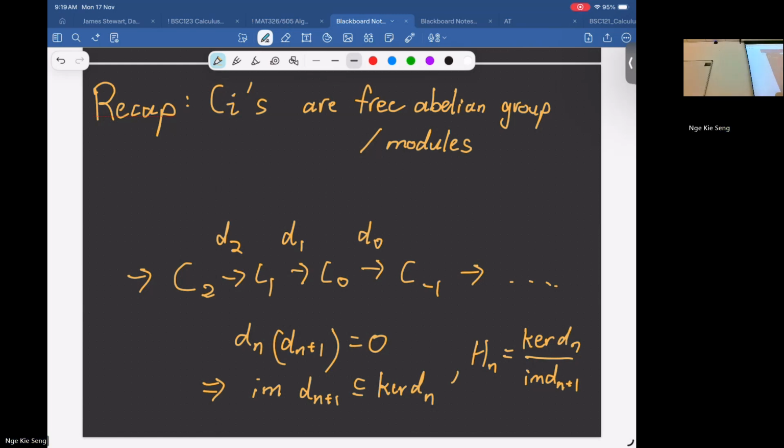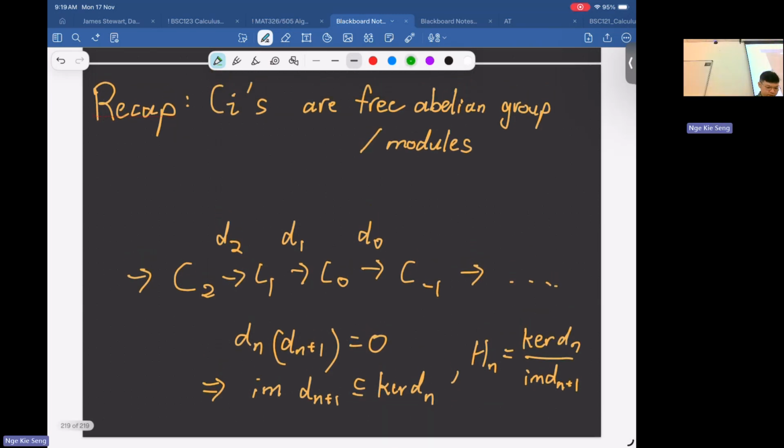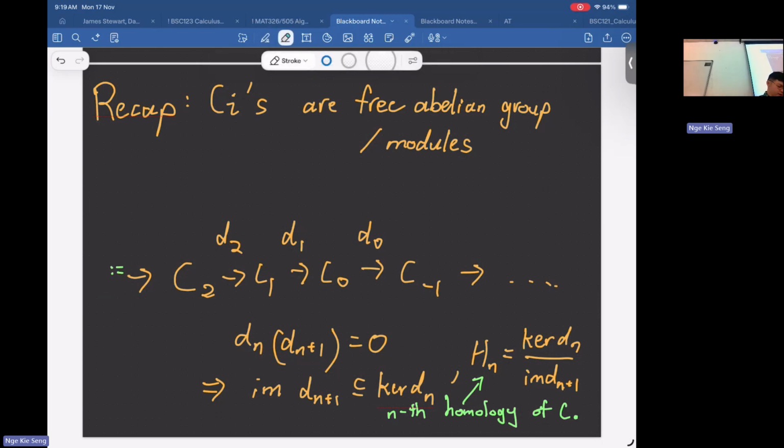And this H_n here is what we call the n-th homology of the chain complex. So we call this a chain complex, and this chain complex comes with the data of a differential.